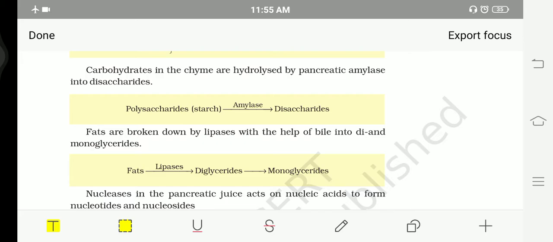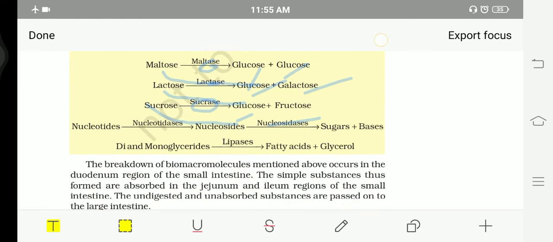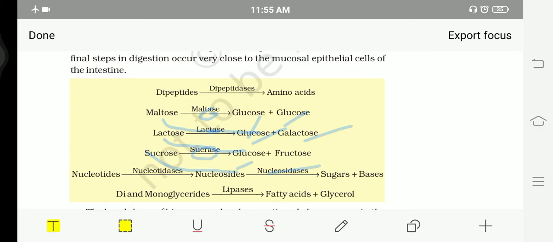Finally the polypeptides, tripeptides and dipeptides are formed. The dipeptidase enzyme converts the dipeptides into amino acids. The tripeptidase converts the tripeptides into amino acids.